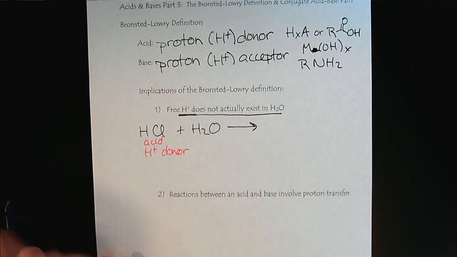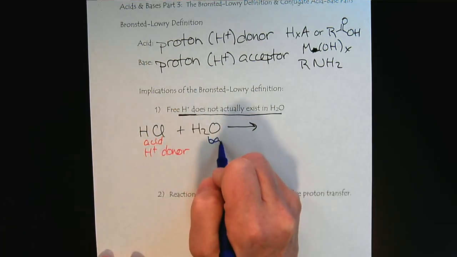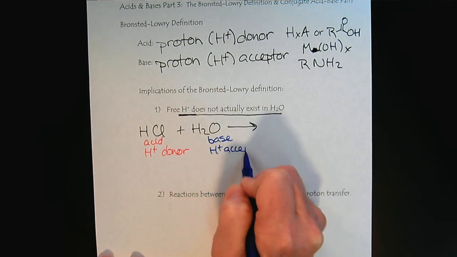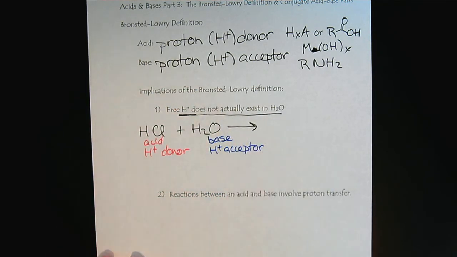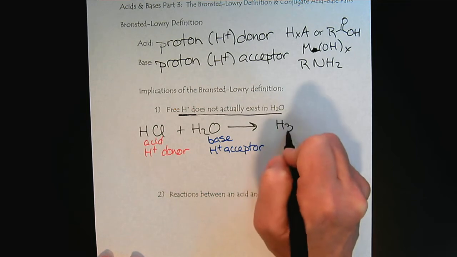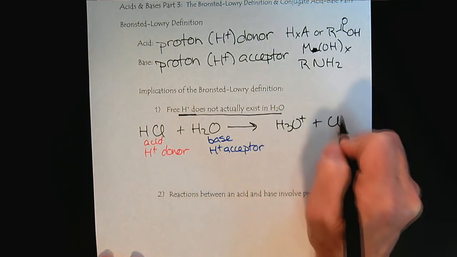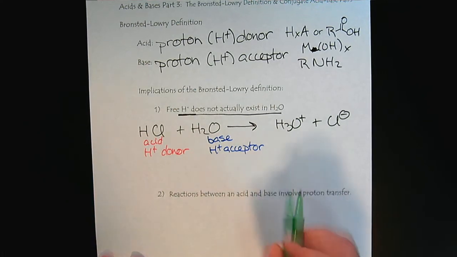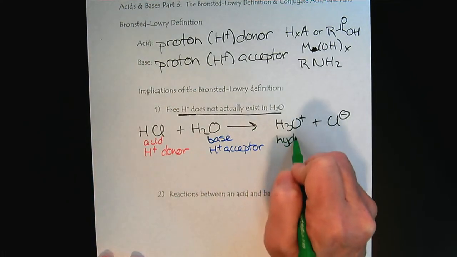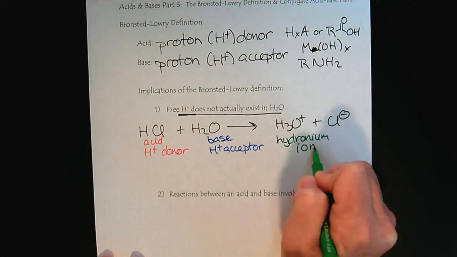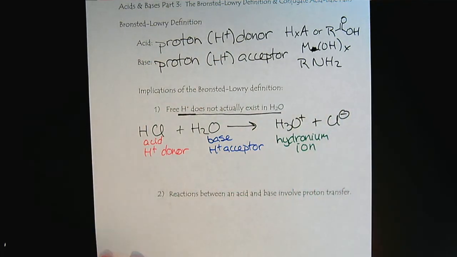And then the water is going to take the role of the base, and so it's the proton acceptor. And so then we would show that we would have H3O+ Cl-. So H3O+ is described as a hydronium ion. And then of course we have the chloride.